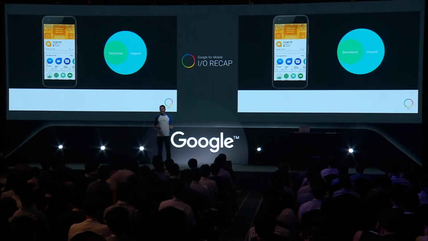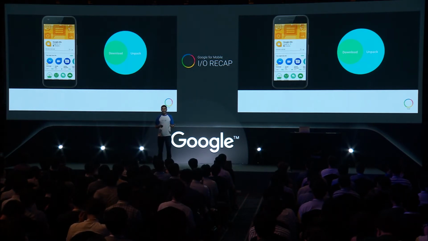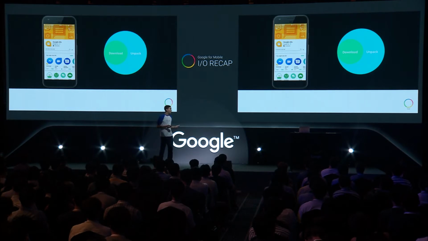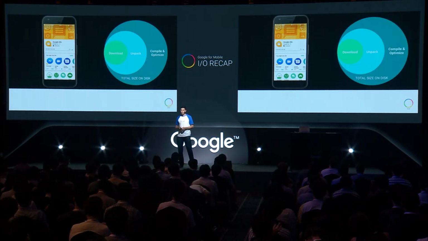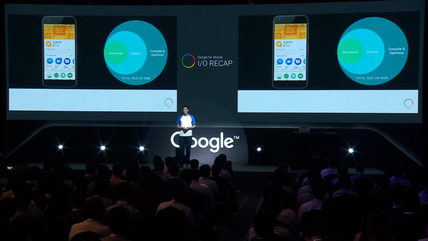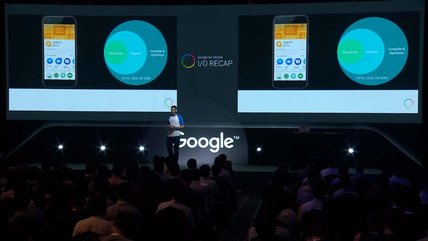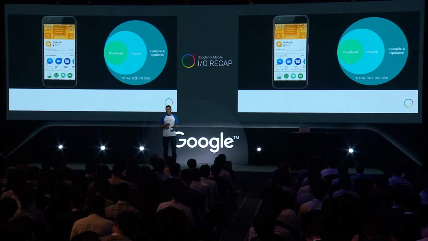After that APK is downloaded to the user's device, it gets unpacked onto the user's device. After all, an APK is really just a zip file. After that, certain parts of that APK are compiled and optimized. In particular, the classes.dex file, which is the compiled bytecode, will have some additional compilation optimization steps applied before the user can run the application.